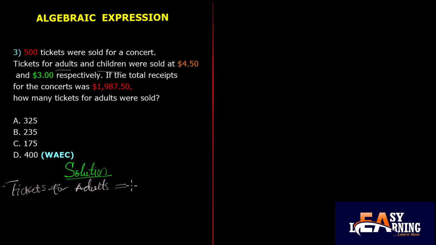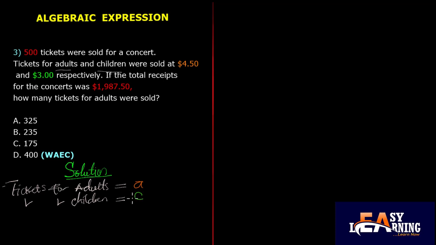Let's represent tickets for adults with letter A. Tickets for children as well, we don't know, so we represent it with a letter, and what's good for that will be letter C for children.